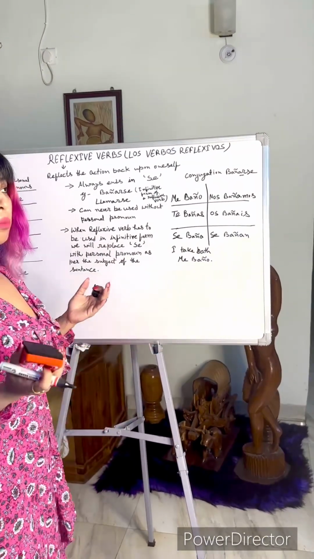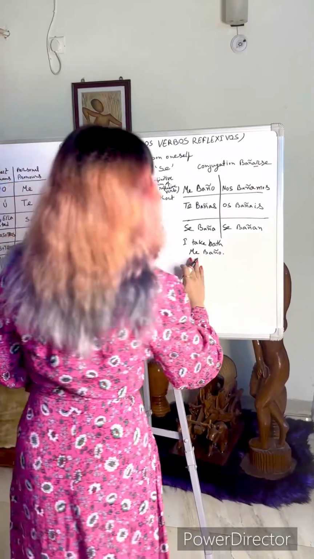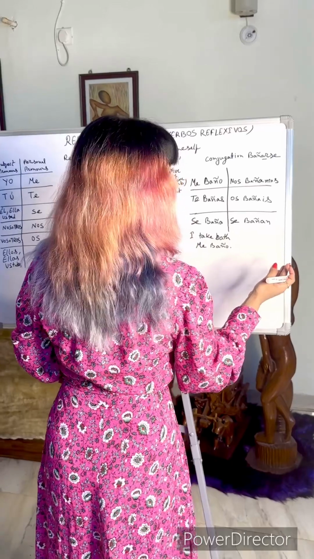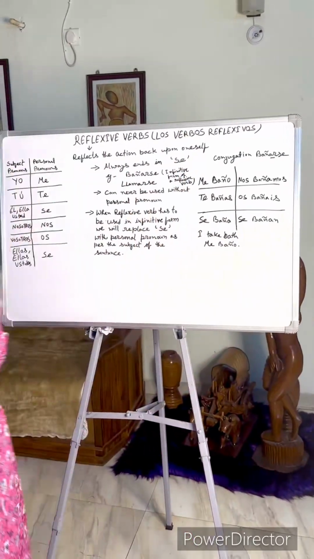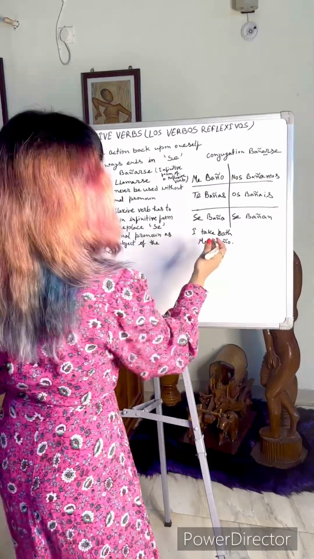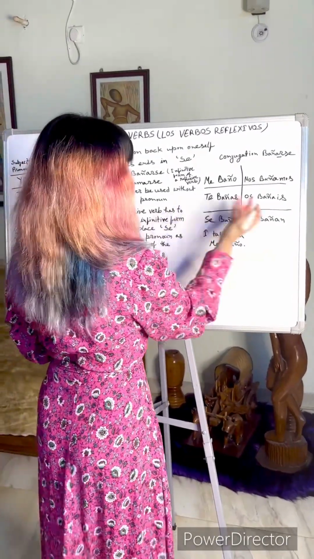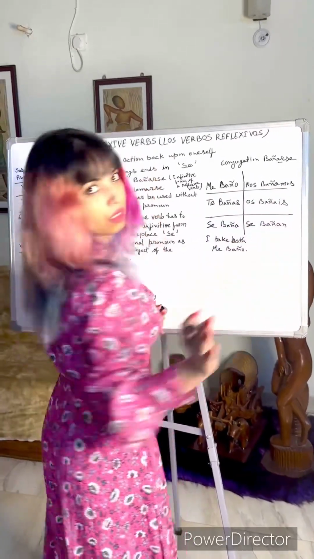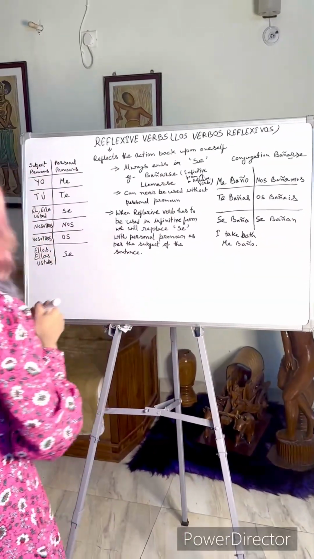If I want to say I take a bath early in the morning, I'll be saying me baño temprano en la mañana. Temprano is early. So just like that. You take a bath, te bañas. Or they take a bath, se bañan. It's like that.